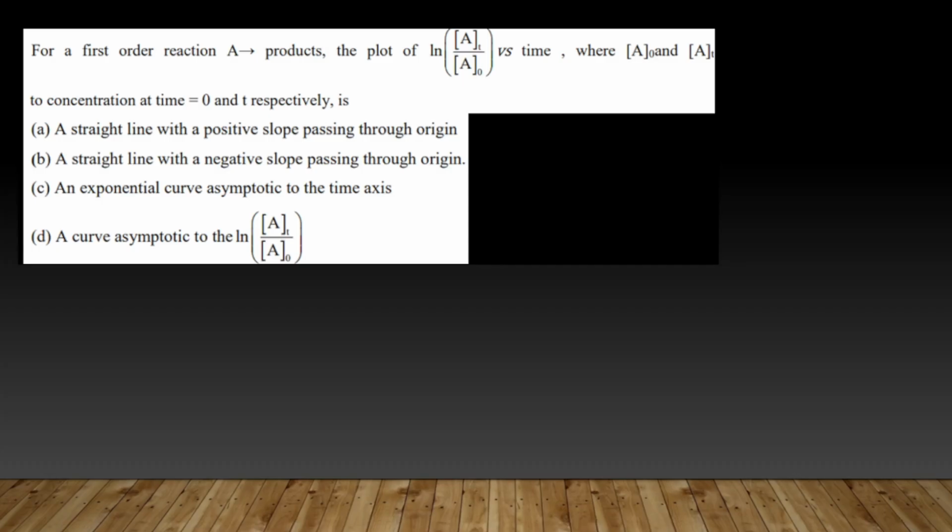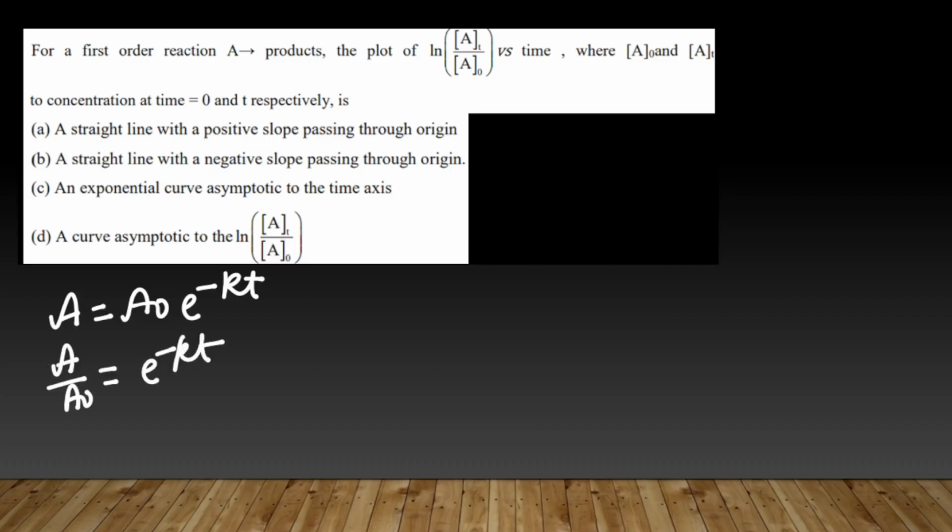For the first order reaction, we know that A is equal to A naught times e raised to the power of minus kt. Now A by A naught is equal to e raised to the power of minus kt, or natural log of A by A naught is equal to minus kt.